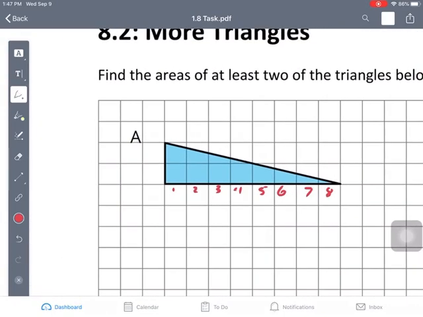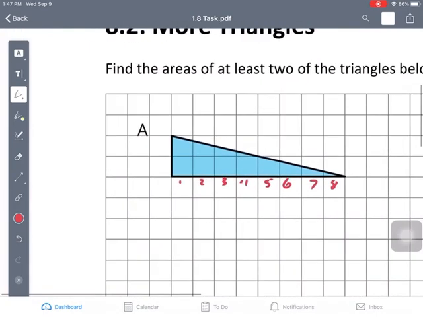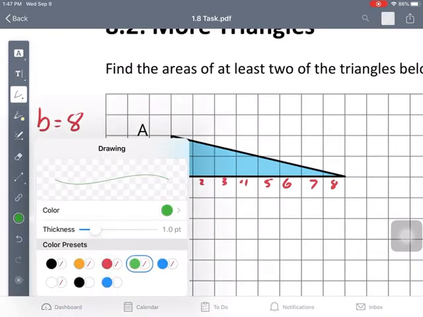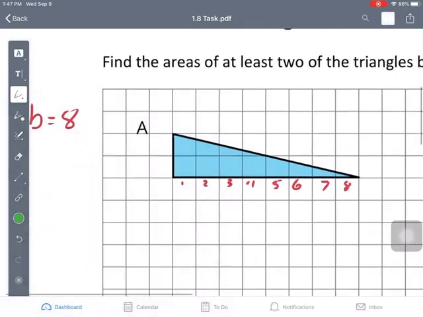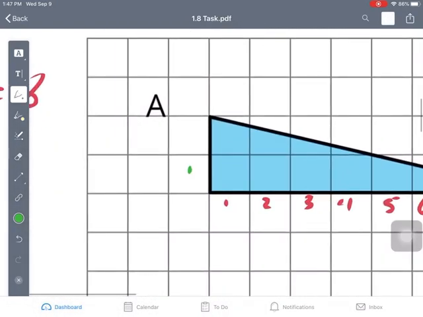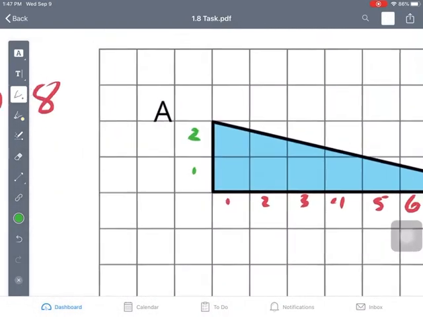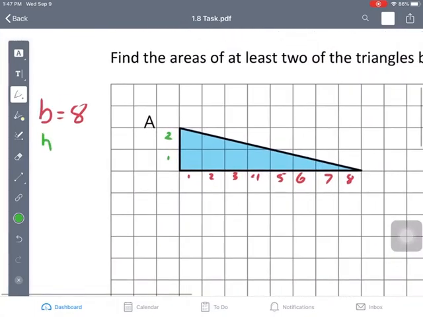So I know the value for my base is 8 for this particular triangle. And once again, I'm on the grid, so I can just count up: 1, 2. So I know the height for this particular triangle is 2.